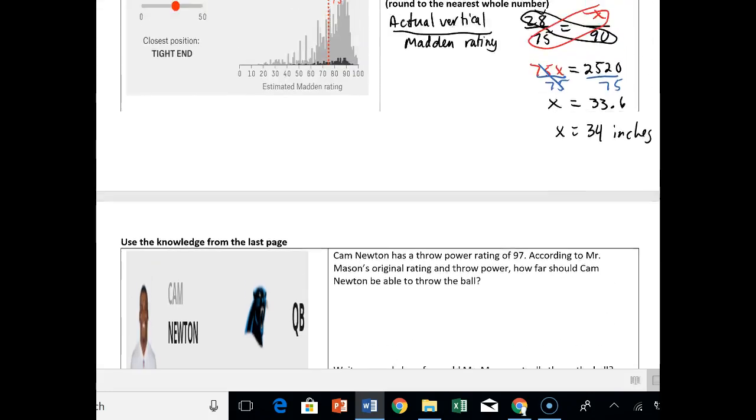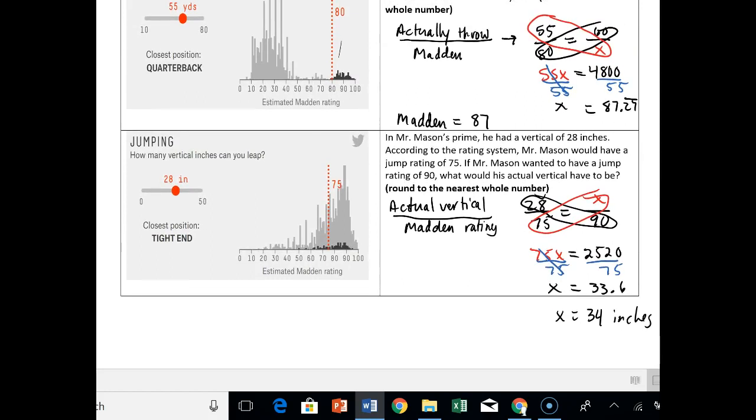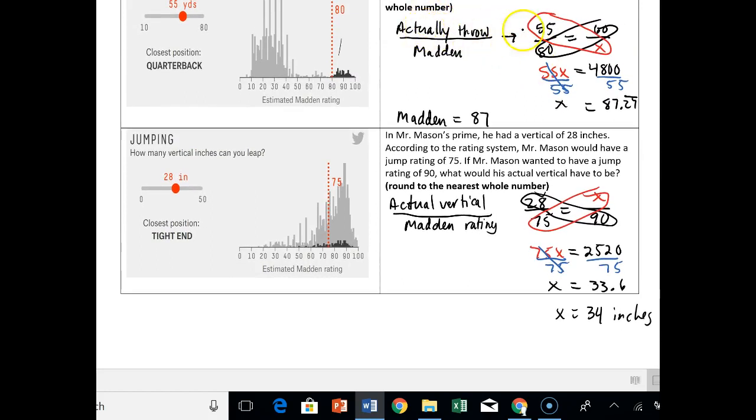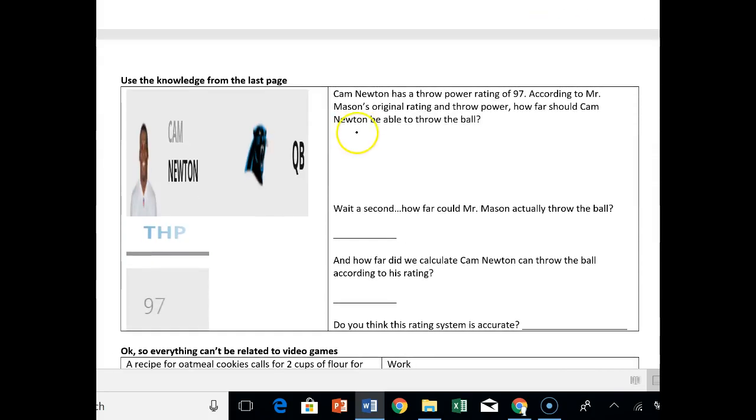My original rating, if you go back to the first page, was 55 over 80, right? I could actually throw 55, and I got a rating of 80. So Mr. Mason, it was 55 over 80. So now Cam Newton, we don't know how far he can actually throw the ball, but we know he has a rating of 97. So let's go ahead and cross multiply. 80 times x is 80x, equal to 55 times 97.